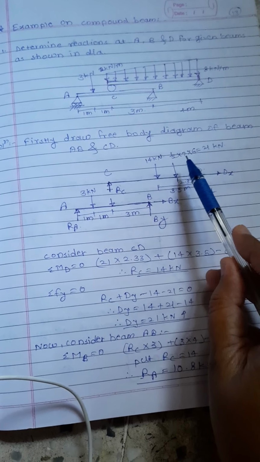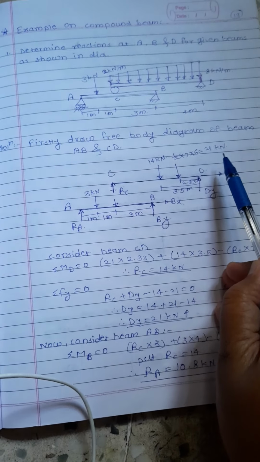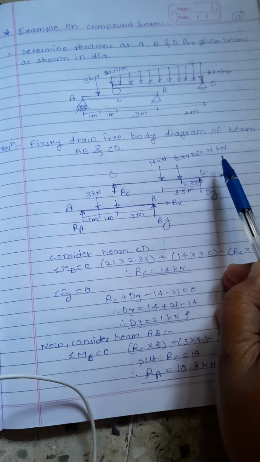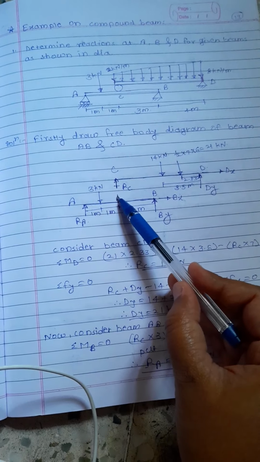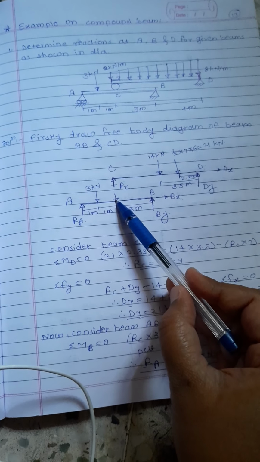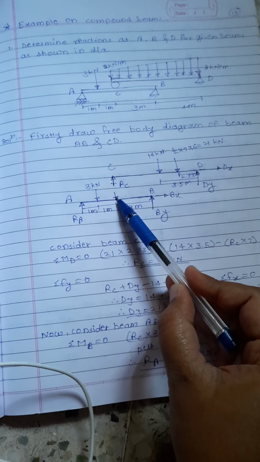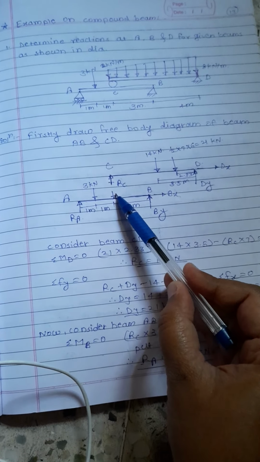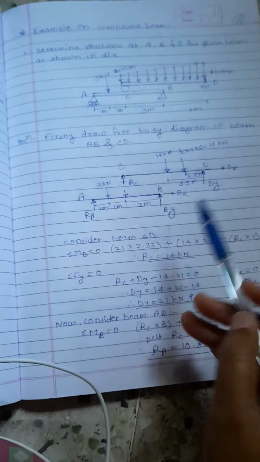So 1 by 2, 7 into 6, it will give you 21 kilonewton magnitude, and the reaction will act from point D at a distance of L by 3, 7 by 3, so it is 2.33. Now for the beam AB, 3 kilonewton force, the point load due to the roller support at point C, RC, it will act in downward direction. Then at A, roller support, at B, fixed support.